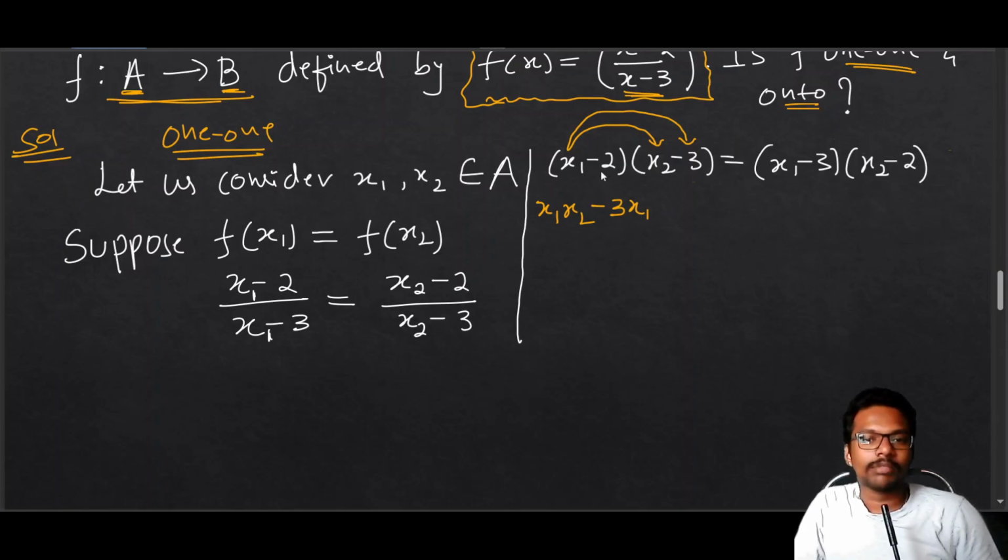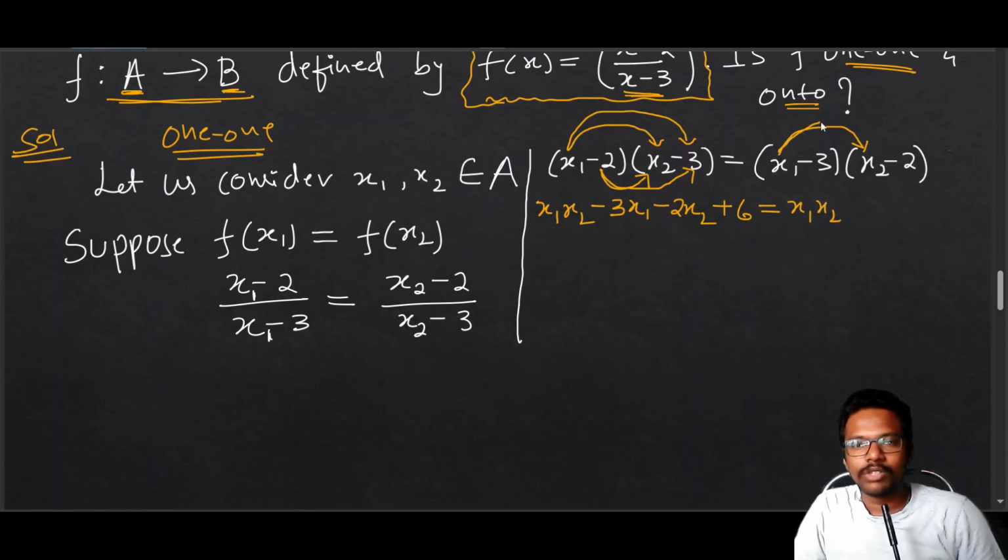Now I consider this minus 2 into x2, so it becomes minus 2x2 as it is. And next minus 2 into minus 3, minus into minus is plus, it becomes 2 into 3, which is 6, equals. I hope you understood how I calculated the left side part. In the same way I have to calculate the right part. So observe here, x1 is multiplied with x2, so I am writing it as x1 into x2.